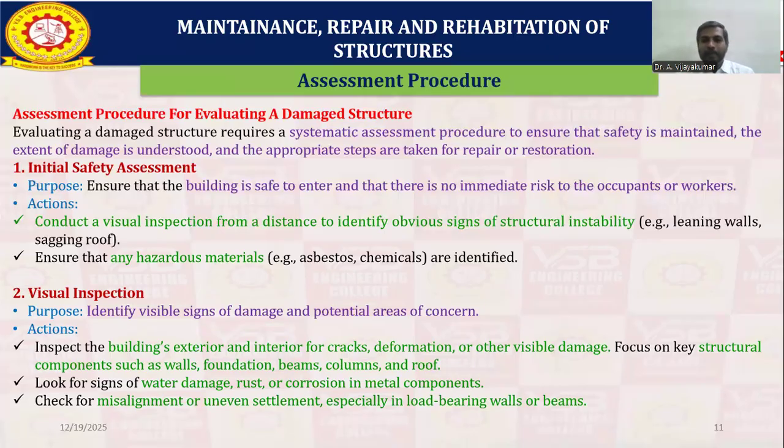When moving through the building, check the interior and exterior for any cracks, deformation and visible damage, structural and non-structural. Apart from that, water damage, rust or corrosion may cause structural damage. We need to look especially at foundation settlement and at beams and walls. So these are the visual inspections.